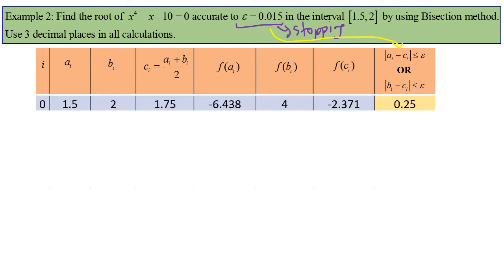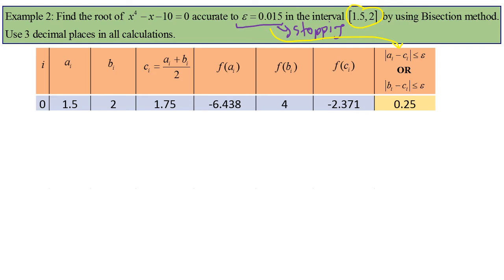In iteration 0, A0 is 1.5 and B0 is 2, based on the interval given in the question. You find C0, the midpoint, and then you find FA, FB, and FC, and then you calculate the epsilon.